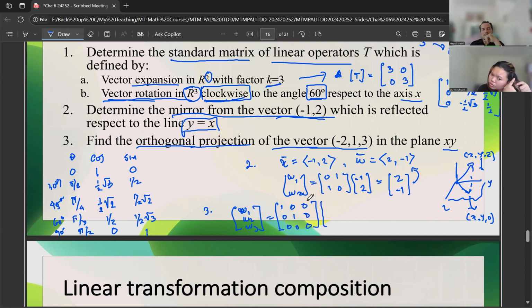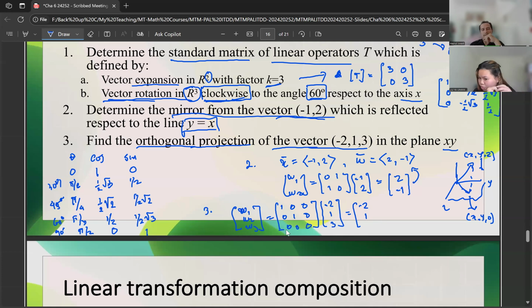This is the vector, which will be -2, 1, and 3, and then we have the multiplication. The first will be -2. The second will be 1. 0 times -2 will be 0, plus 1 times 1 will be 1, plus 0 times 3 will be 0.